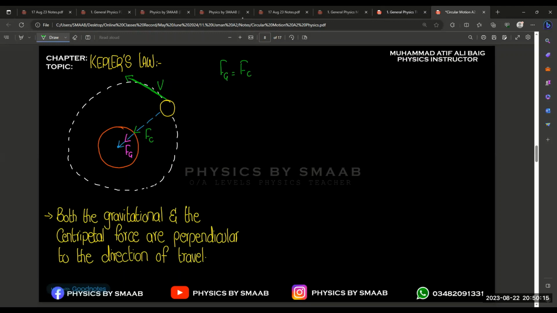Or, let's suppose the mass of the large planet is capital M and the mass of the small planet is small m, so we can write capital M small m G over r square. And what is the formula for centripetal force? That is m v square over r, right?